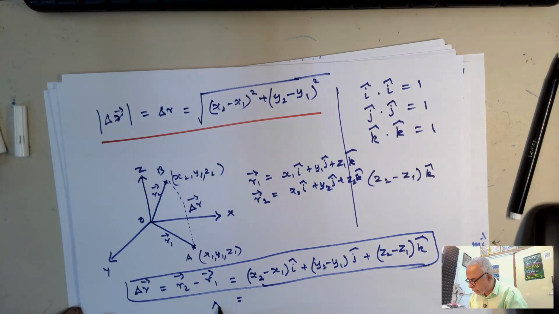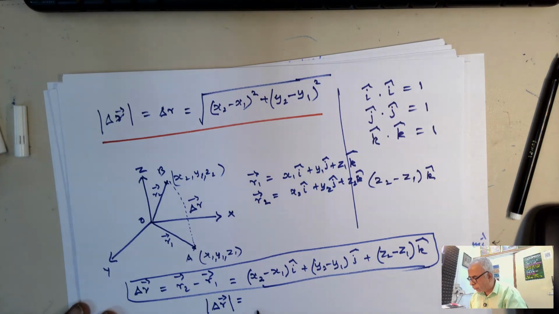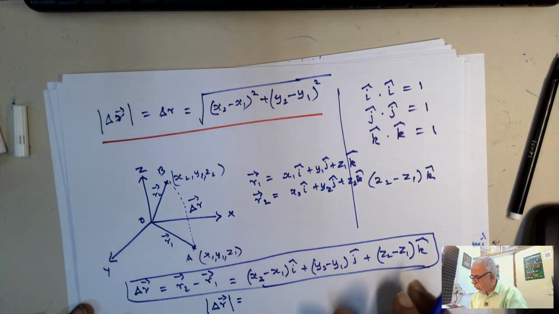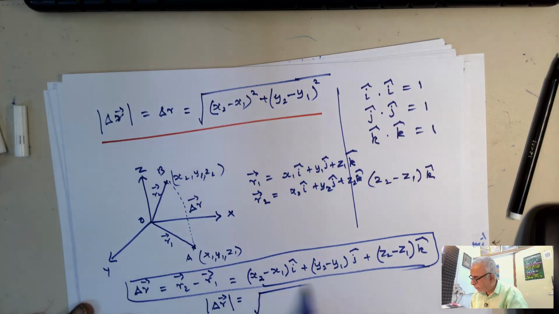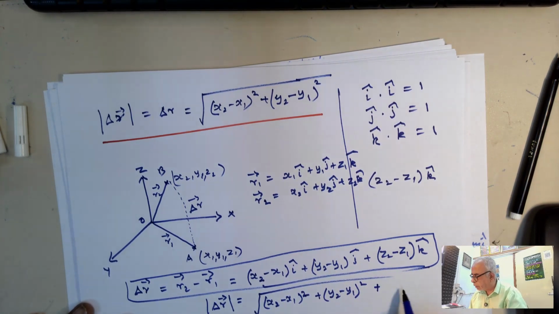Now let us take the delta R vector modulus. Then you have to take the square root of this one, so take the sum of squares of all these components. So we can put that is square root of (x2 minus x1) the whole square plus (y2 minus y1) the whole square plus (z2 minus z1) the whole square.